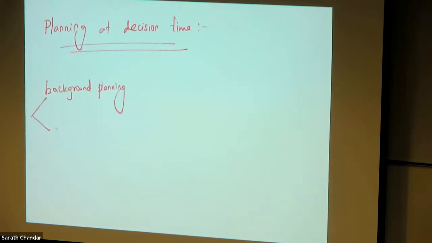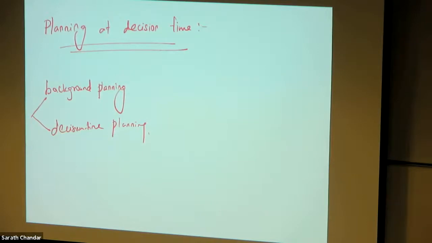What we are doing now is decision time planning. Background planning methods basically work only during the training time. Once you learn a policy, decision making basically involves, given the state, use the policy to find the next action.